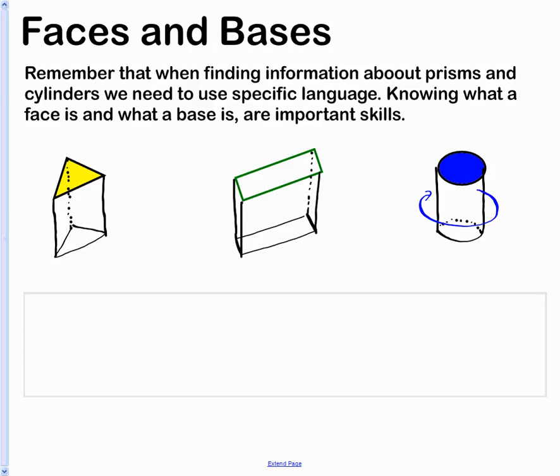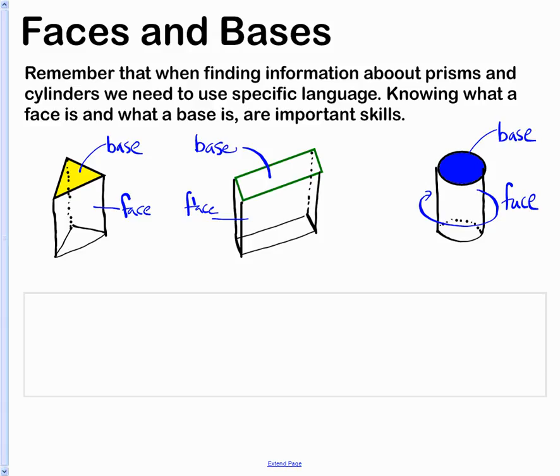So just in review once more, we have a base and lateral faces. Rectangular prism again, a base and lateral faces. And in a cylinder, base and one curved face.